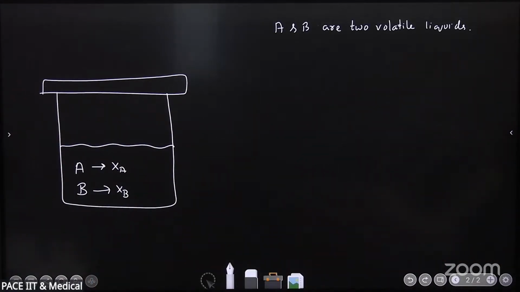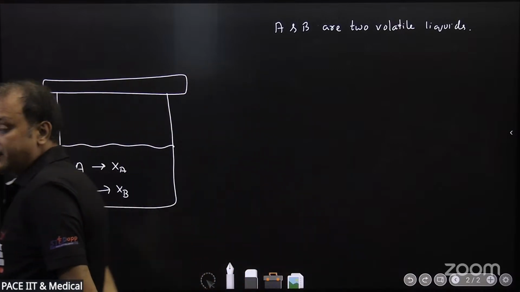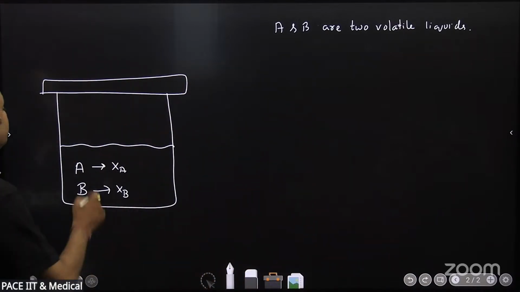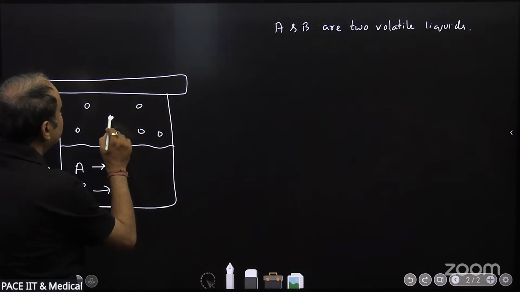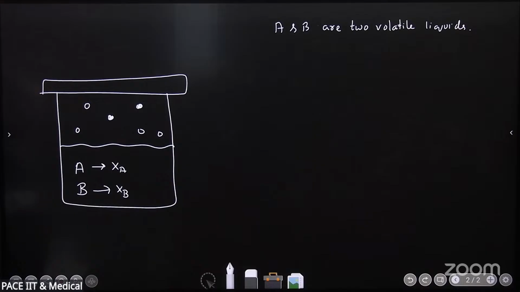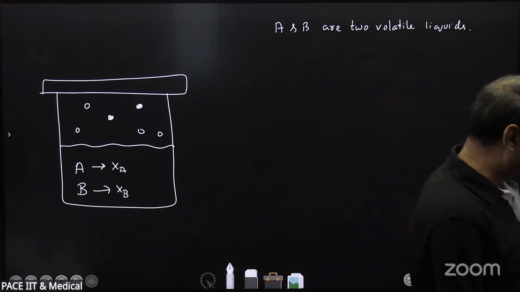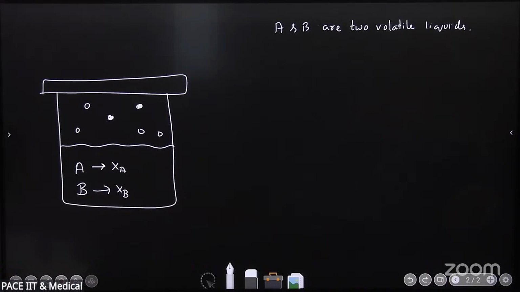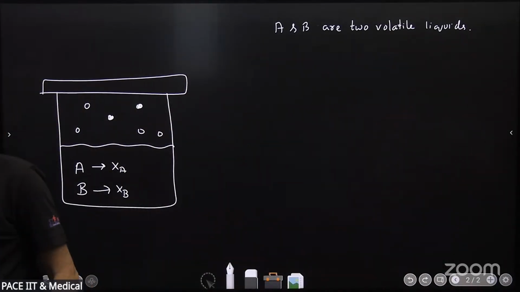Correct? Now, as we are saying, both are volatile liquids. So both A and B will evaporate. So molecules of both A and B will be present in the vapors above this solution. There will be some amount of A as well as some amount of B in vapor form above this solution. And these vapors will apply a pressure on surface of this liquid.